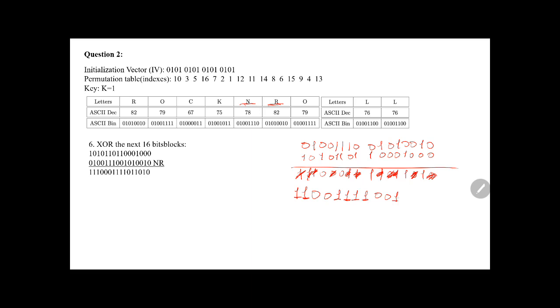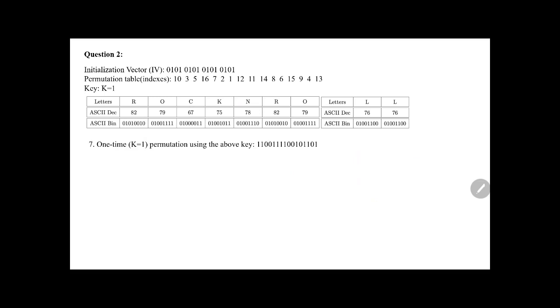It will be here, and then the 6th, 4, 5, 6, which is this one, will be here, and then the 15th, which is this one, it will be here, then the 9th, which is this one, it will be here, and then the 4th, which is this one, it will be here, and then finally the 13th, which is this one. So it is 1, 1, 0, 0, 4 ones, 0, 0, 1, 0, 1, 1, 0, 1. So it seems exactly the same as the permutation here. So it's correct.